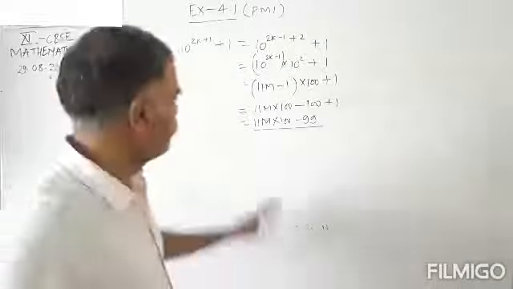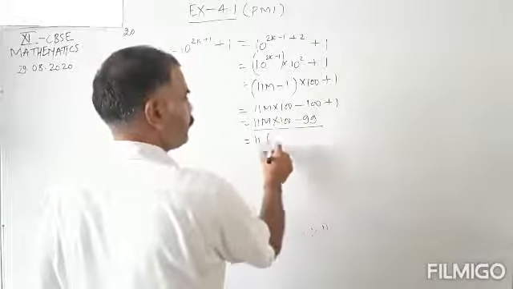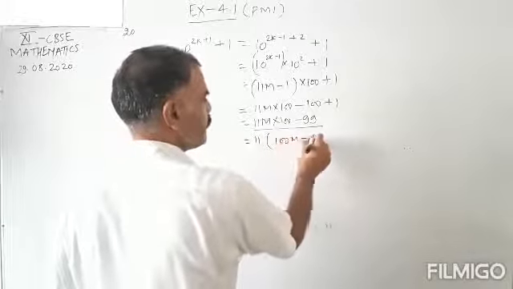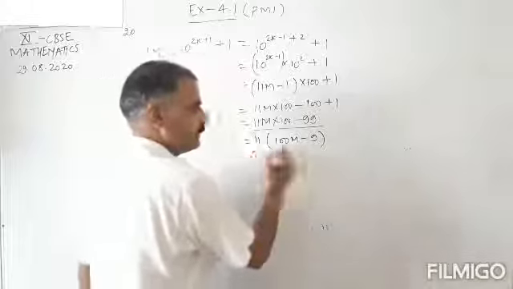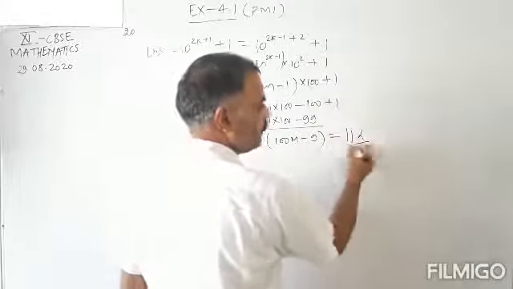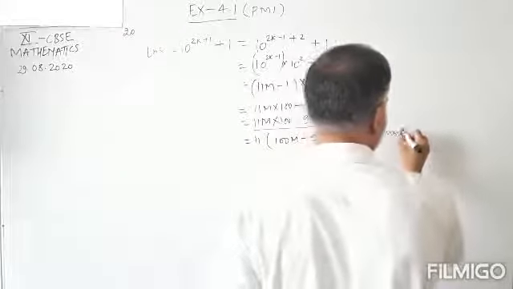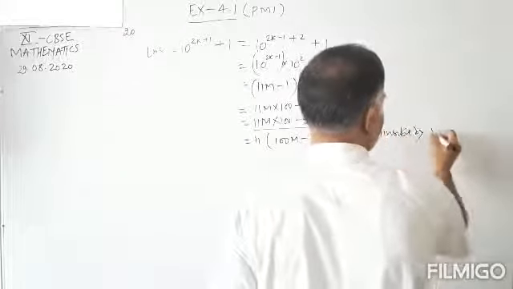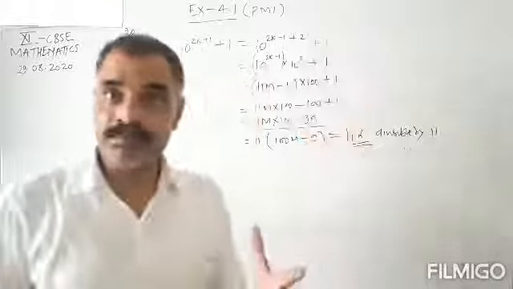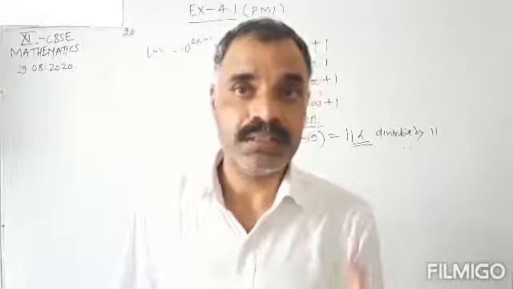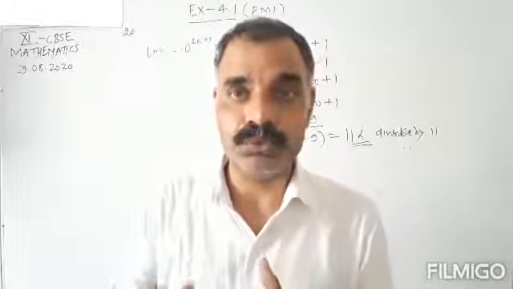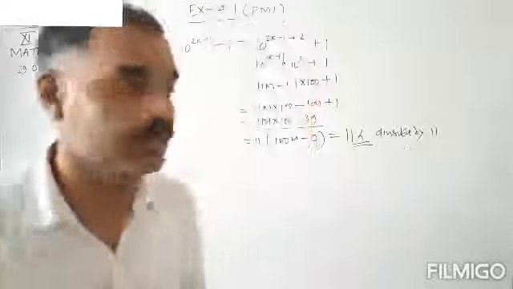Minus 100 plus 1, that is minus 99. Now taking 11 as common, we get 100m and minus 9. So this is a multiple of 11 or divisible by 11. So divisible by 11. Okay. So we have proved that the given statement Pn is true for n equals to k plus 1.